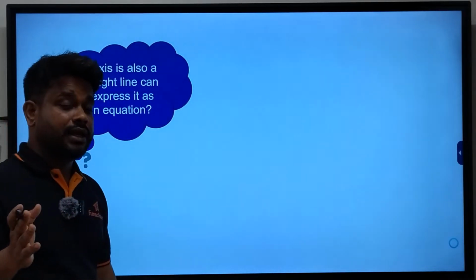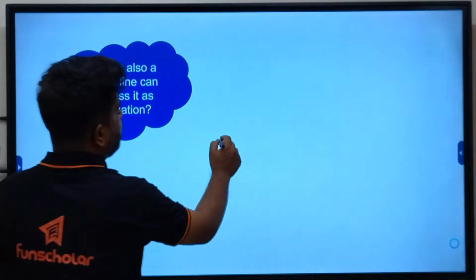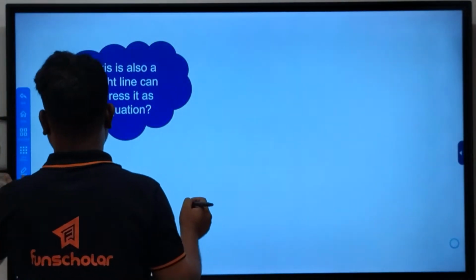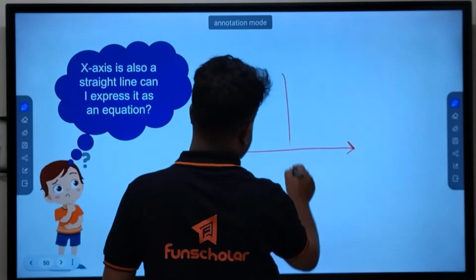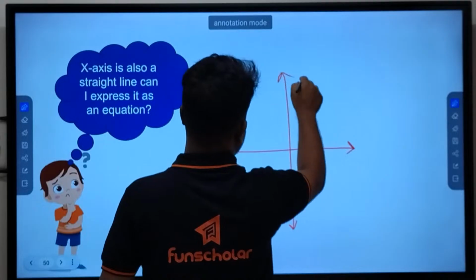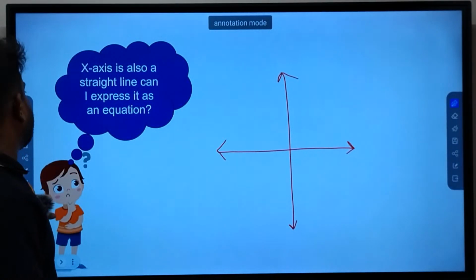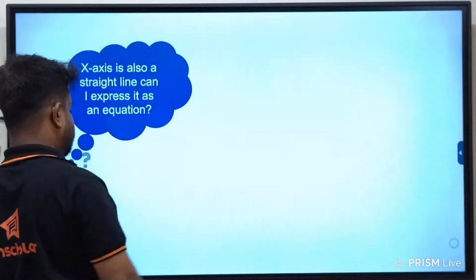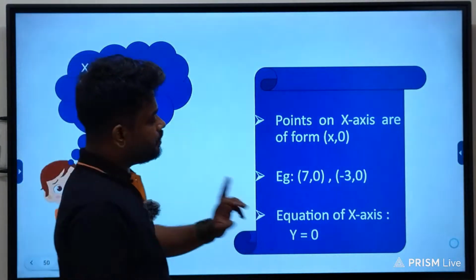You can think about whether it can be expressed as an equation. This one is the x axis, we already know that, and this one is the y axis. This is also known to us. So they are asking us the equation of the x axis. It will look like y equals 0.